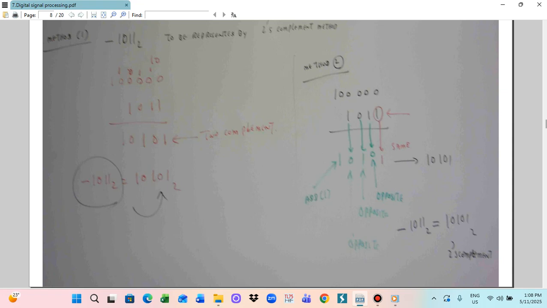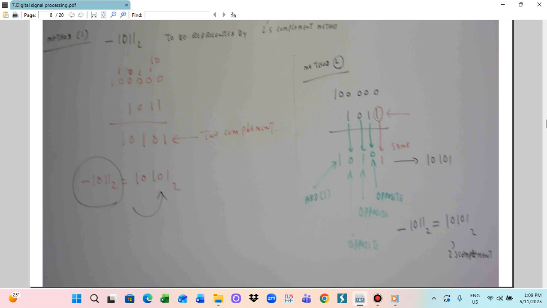After that, the first number you just write the same number, so 0. The second number is 1. Before reaching the first 1, you just write the same number. Here, you see this first 1, you just write the same number and then you change.